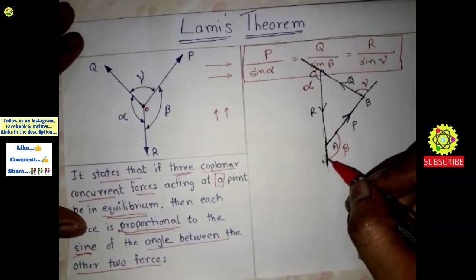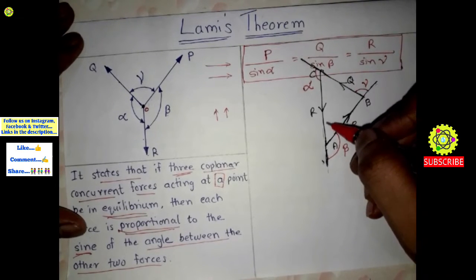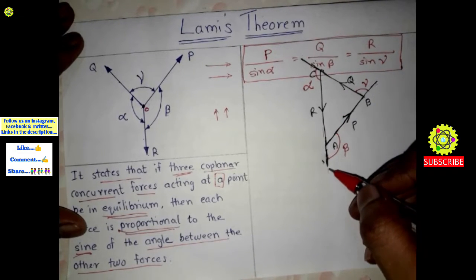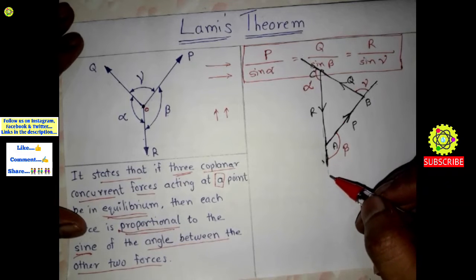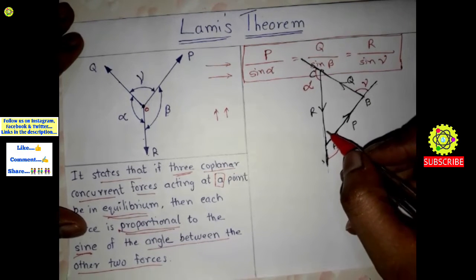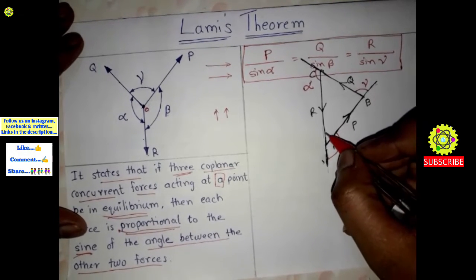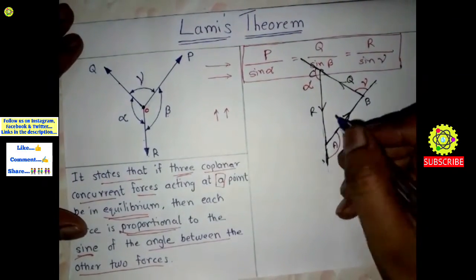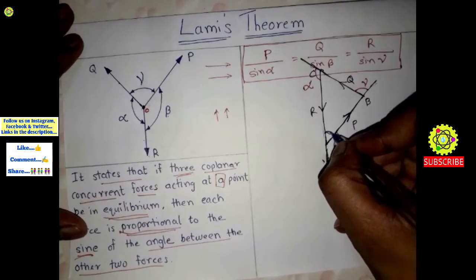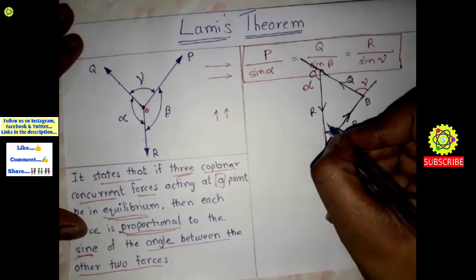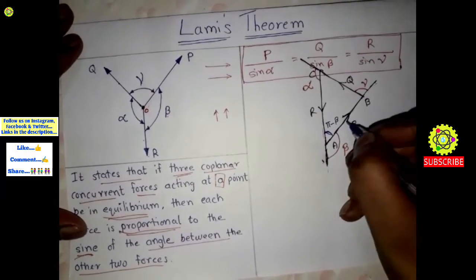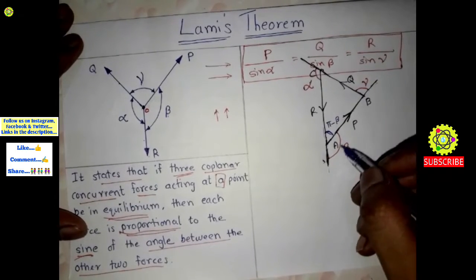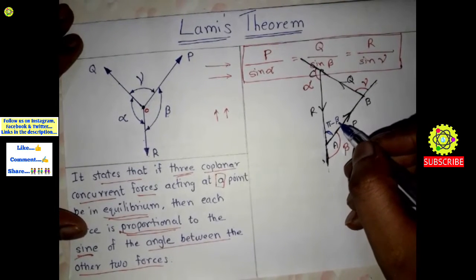Now as we know, this is the 180-degree angle, so here this angle will be... We are going to take another pen, blue pen. Now here this angle will be pi minus beta. This is the straight line and the angle is pi minus beta.